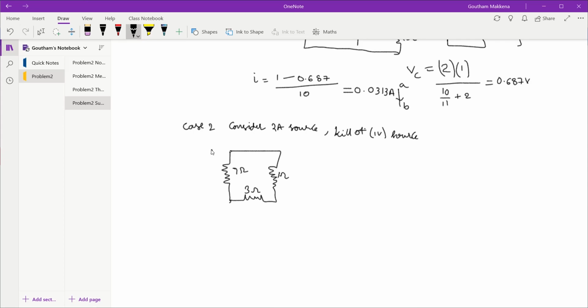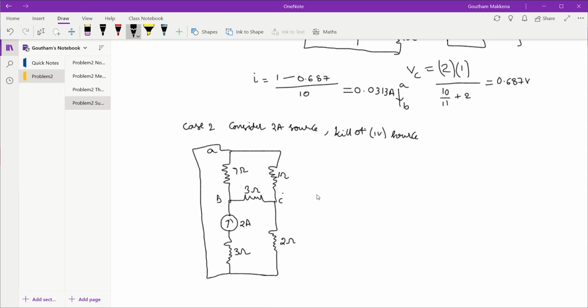Remember, this is node A, this is node B, and this is node C, and this is my 2 amp source in series with a 3 ohm resistor, and in this branch I have a 2 ohm resistor, and this is my 2 amp. Because I have to kill the voltage source, I have to replace it with a short circuit.